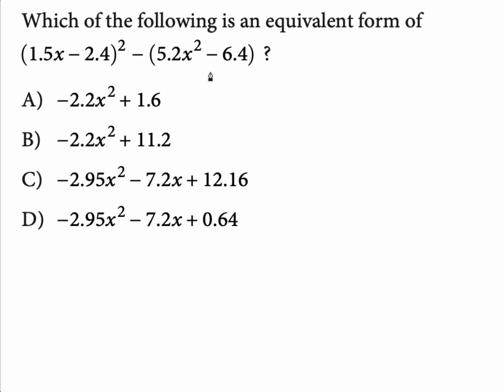Okay, so how do we do this? The first clause here is (1.5x − 2.4)². To break that, we have 1.5² x², minus 2 times 1.5 times 2.4x, and then plus 2.4².